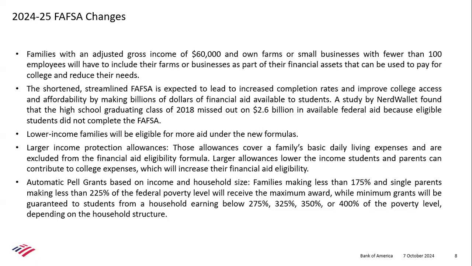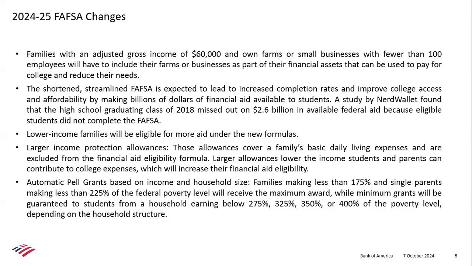This is the amount that I can contribute. They're going to back out those daily living expenses. I know that's welcome news after inflation the last few years. This is going to allow larger allowances on the income that students and parents can contribute. So it should increase your financial aid eligibility.